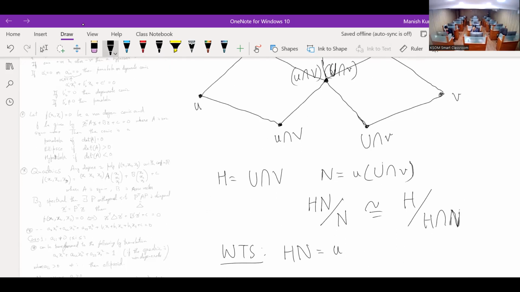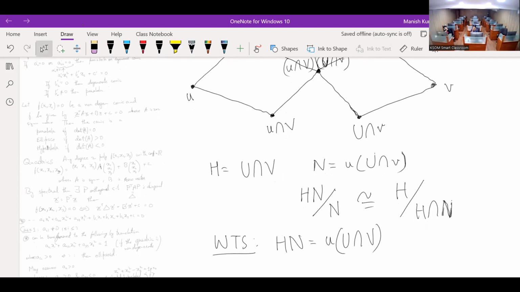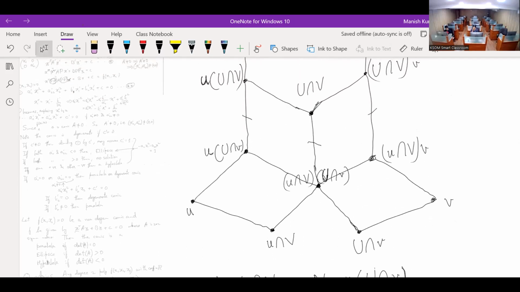U times U intersection V, because H times N is basically the product of these three groups. But this H contains the second factor, so we can just take the product of these two. So HN is this. So this we have done, and we want to show that. So this is okay, and we want to show that H intersection N is this guy.